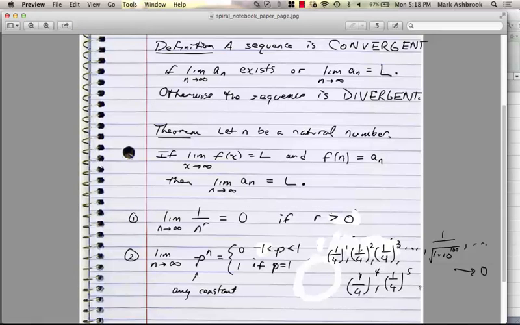Every time we go to the next term, we multiply by 1/4 one more time. We keep taking a quarter of what we had before to get the next term. So that's going to approach 0, right? And that's because p is in this range here, right?